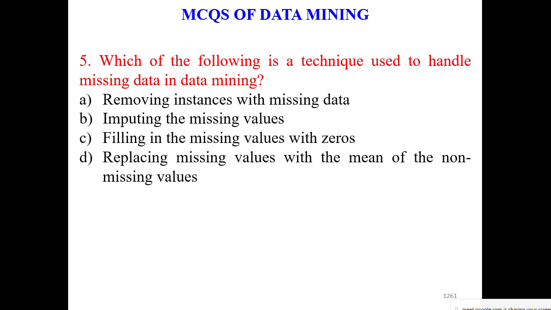Which technique generally we are using? We are filling with null value sometimes, keeping with zero. No, imputing the missing values. Imputing means we are replacing some values in place of the missing ones.